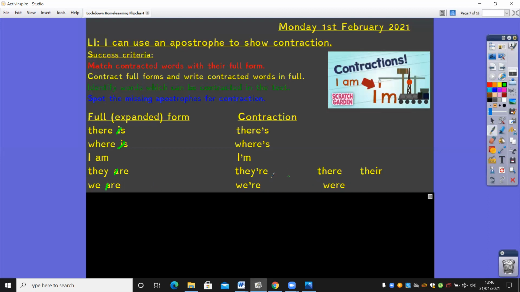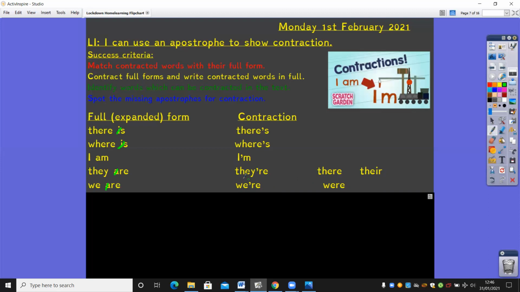Oh, but again, have a look at these two words. Where, were. Are these two words homophones? No, they are not, because they don't sound the same. But look, we write them very similarly, don't we, children?